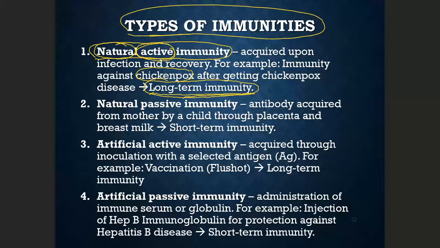The natural passive immunity, remember passive means antibody. So this is actually someone that receives antibodies naturally, from a natural cause. For example, a baby that receives antibody from his mother during the embryonic stage through the placenta, or during breastfeeding.